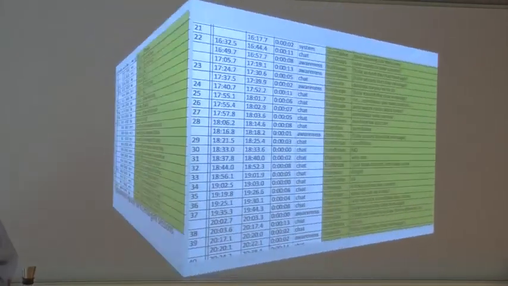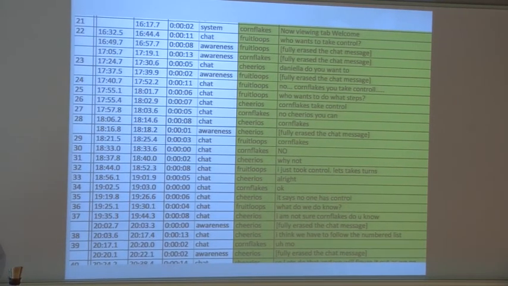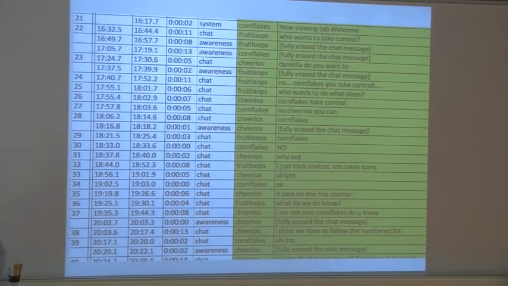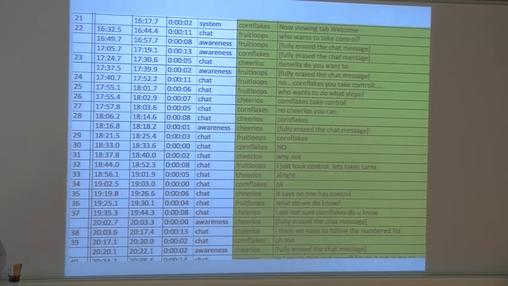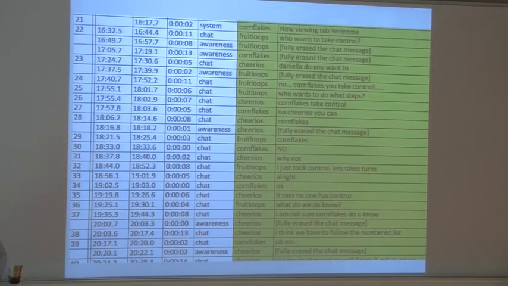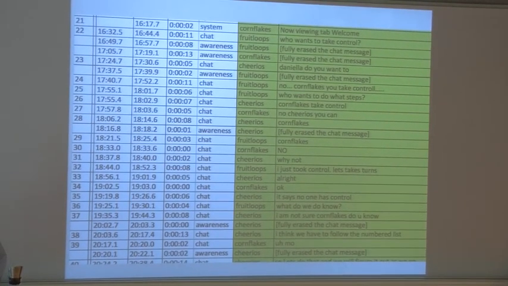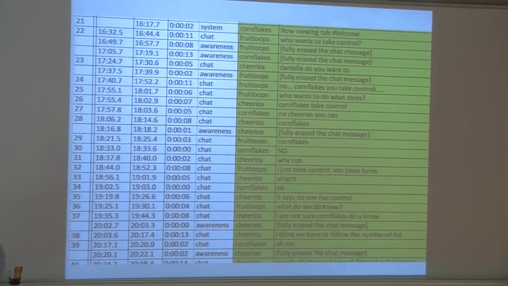Do you often see these kinds of reformulations? Who's taking control becomes Daniela, do you want to take control? Because they are picking up those instructions and reformulating them as questions. Is that the common way of doing collaboration, or at least deciding who's doing what? The chat is the common way, yeah.